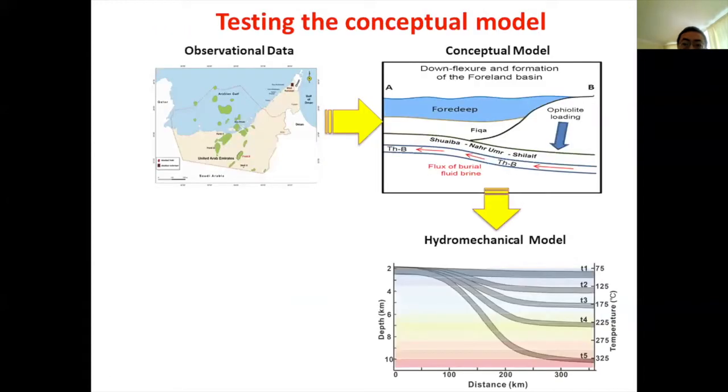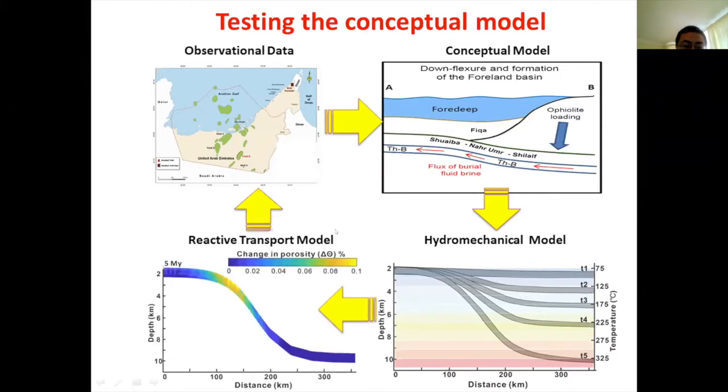We investigate this using a hydromechanical model of the compaction flow. We add the hydromechanical result as input to the reactive transport model to simulate the development of dissolution and precipitation caused by compaction fluid.